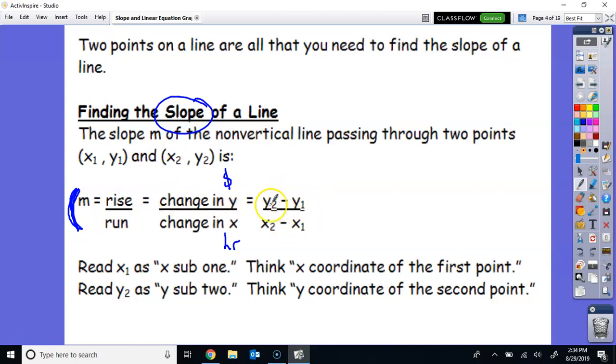So change in y is y2 minus y1. Change in x is x2 minus x1. Be aware that you may also see this little thing. It looks like a little triangle. It's actually a Greek letter delta, delta y, delta x. That still means the same thing. Change in y over change in x.